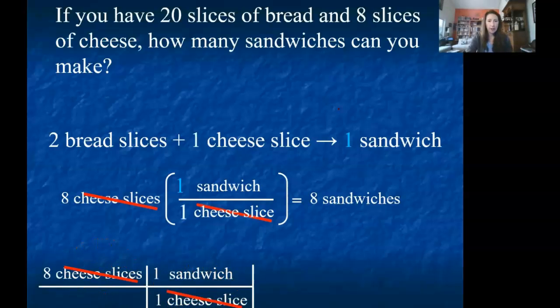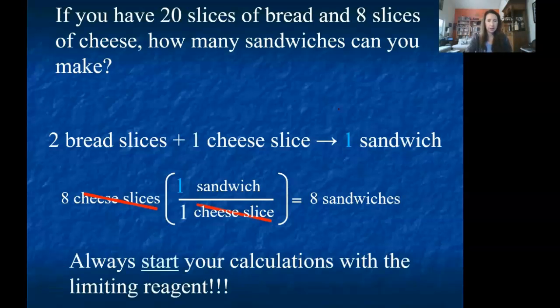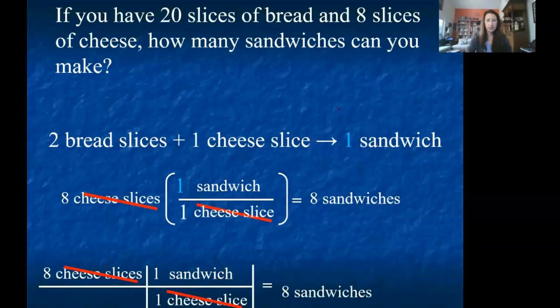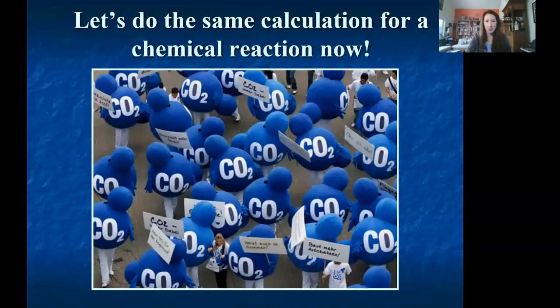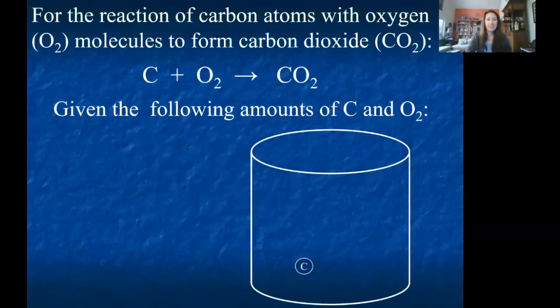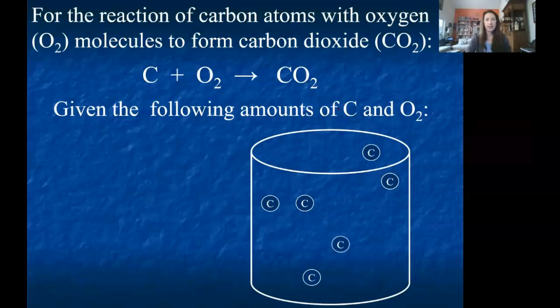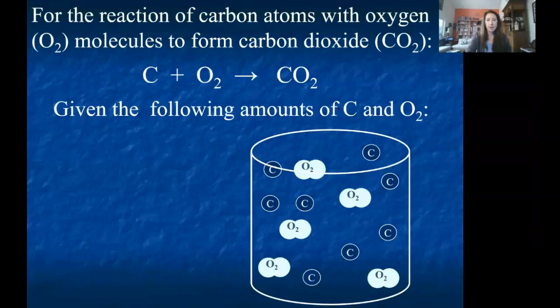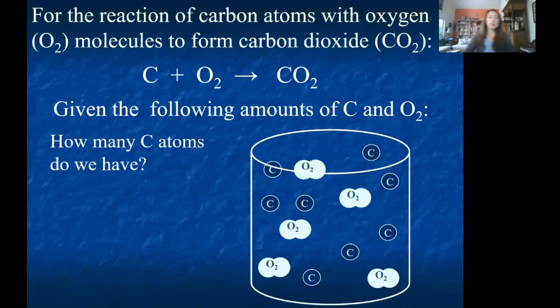Okay, we'll just keep going, and however you like to write this. Now let's do this with chemicals. If you have a bunch of CO2 molecules, and we have a big jar of carbon and a big jar of oxygen, and we have our balanced chemical equation above, we look at how many carbon atoms we have.